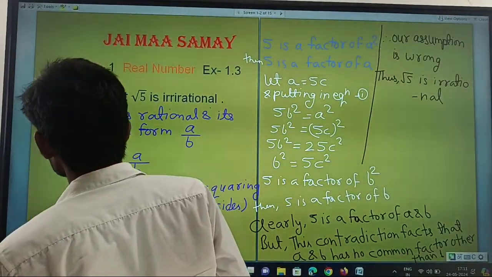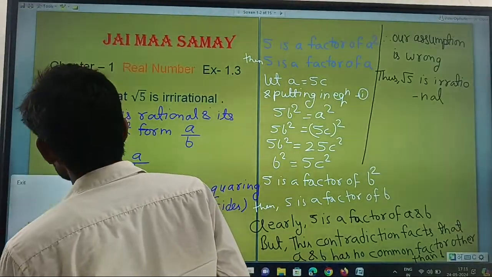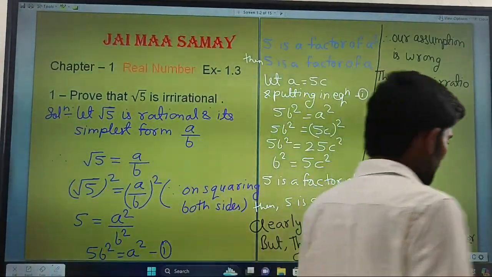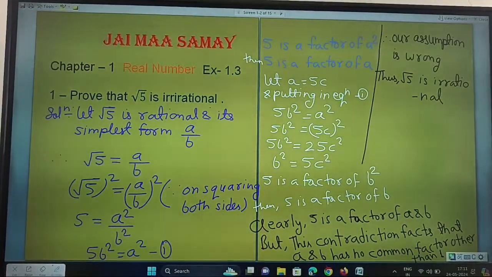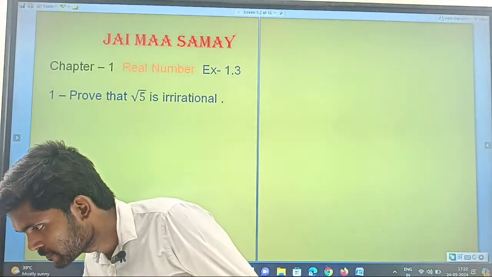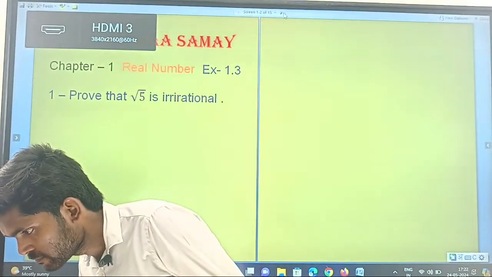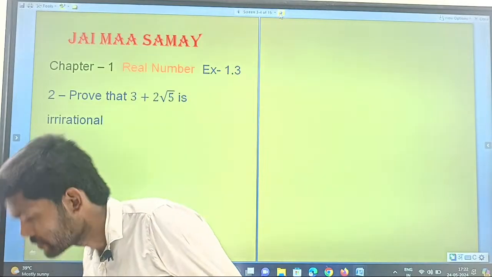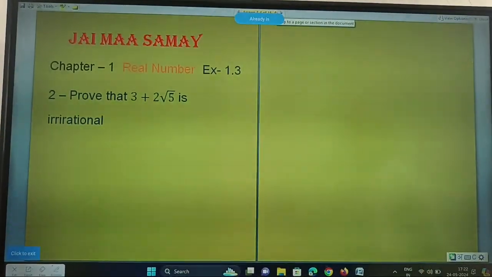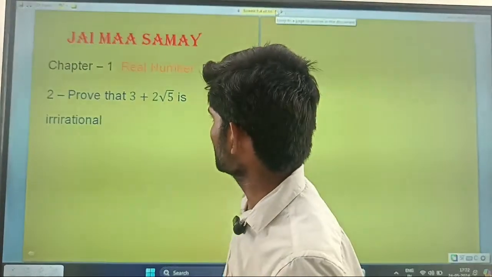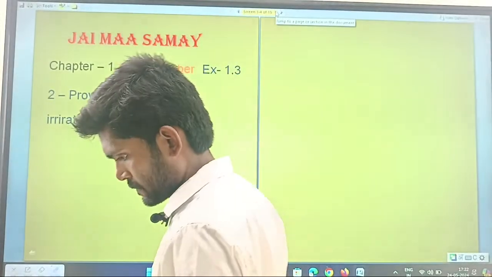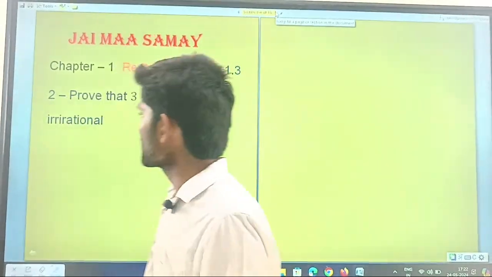Next, what is your question? Prove that 3 plus 2 under root 5 is irrational. Here by mistake the spelling of irrational is written wrong.